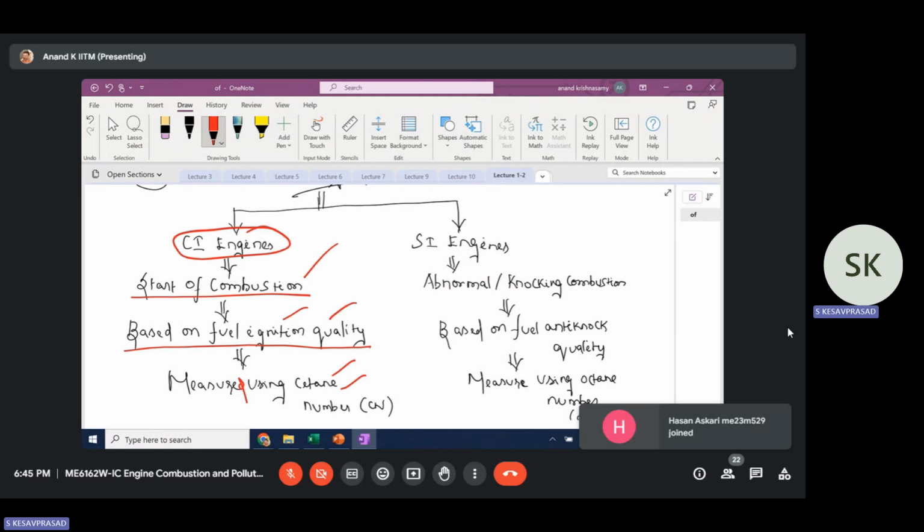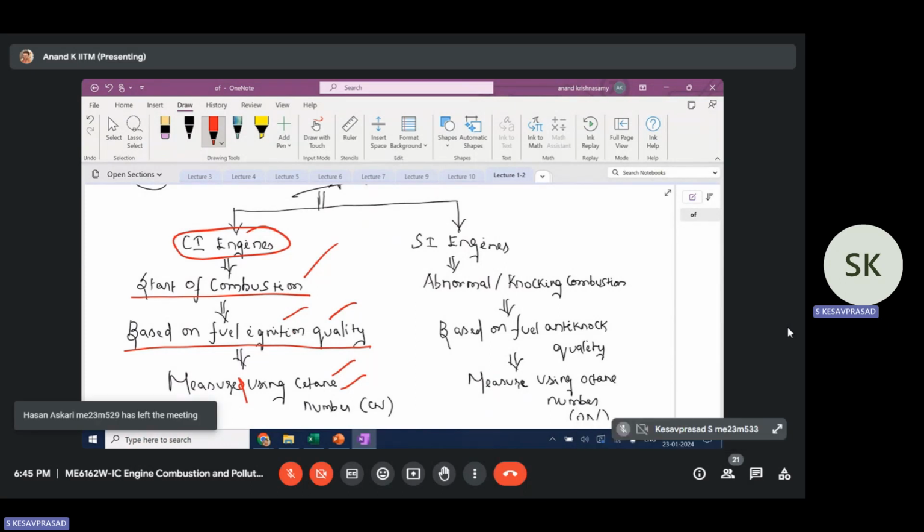So you have a very high pressure rise rate in the engine because you have a larger accumulation of fuel that starts to burn instantaneously. Instantaneous burning of a large volume of fuel will result in a large thermal energy release that may damage the engine. So you may have abnormal combustion and damage to the engine if the start of combustion is delayed too much.